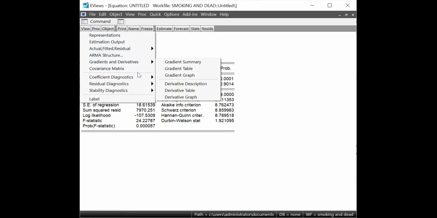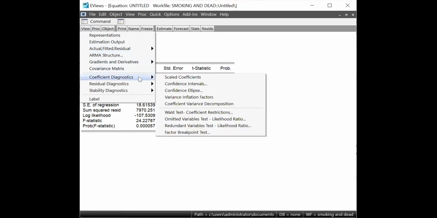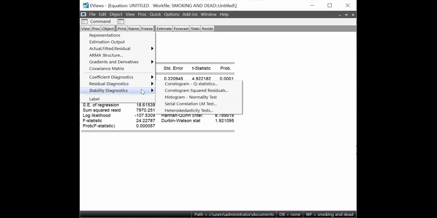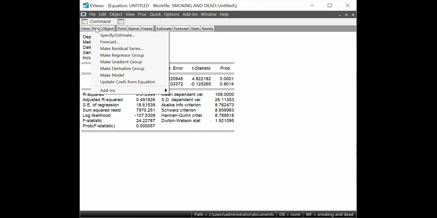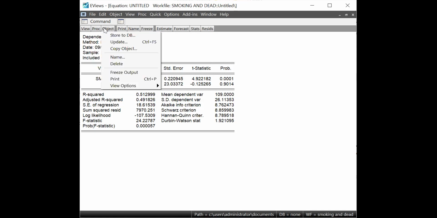Coefficient diagnostics. But if you want to make a residual series, you can click Proc, and then you can make residual series, make regressor group, make gradient group, and so on. Coefficients from equations are an object, you can choose this one.